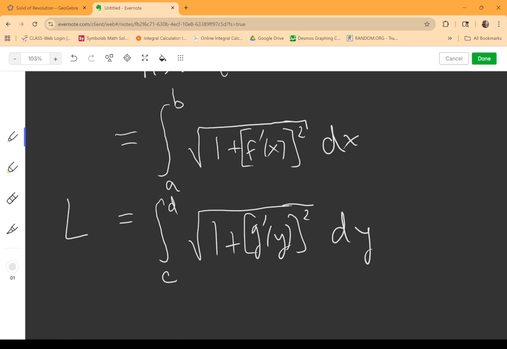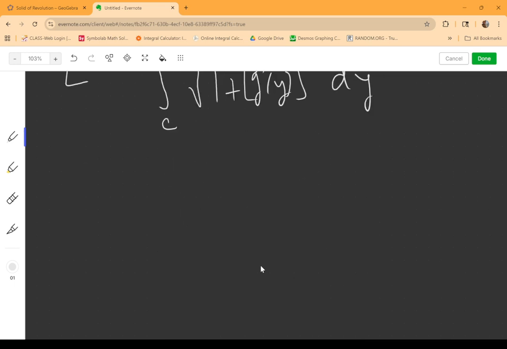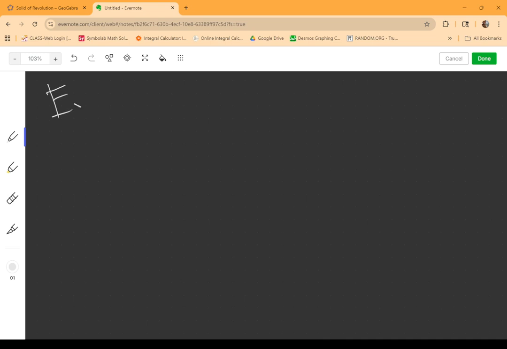In a later chapter, we will introduce a wide array of techniques that will allow us to find arc lengths of a wide variety of functions. But for now, let's do a problem that we can easily approach. Let's try an example. For this example, I'm going to find the arc length.